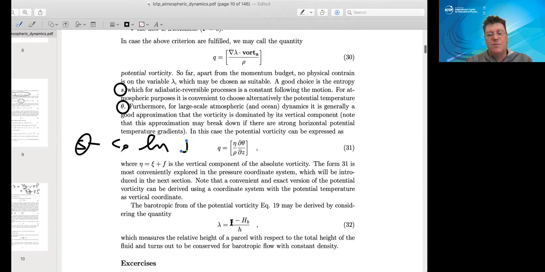So Z, that would be the position of the parcel minus the bottom topography, divided by the total height of the system. This quantity is conserved, and therefore it can be derived that this generic potential vorticity can be used indeed to rederive again our approximate version.